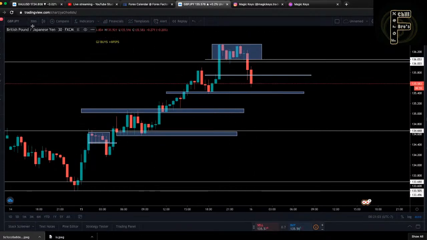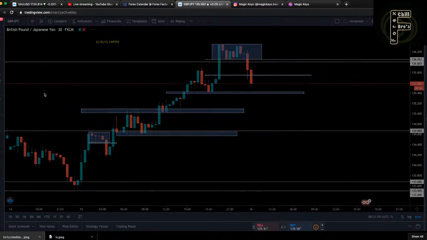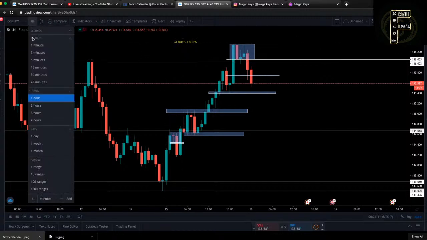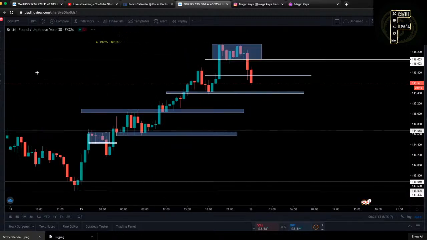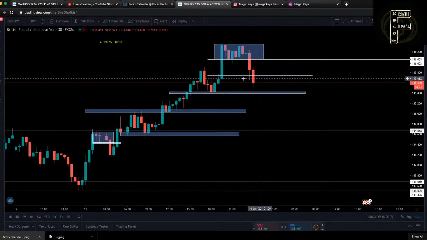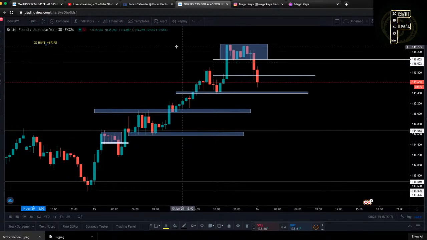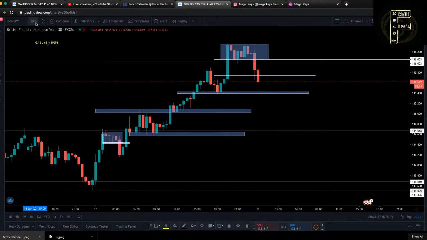I only anticipated this trade based on the hourly and the 4 hours being bearish. So I can't be taking buys when I'm saying bearish all the way. I know this area is going to be like this because of this wick.